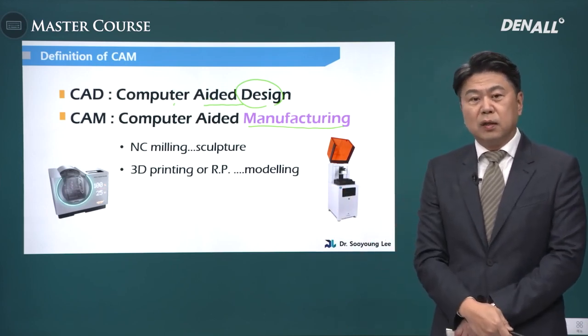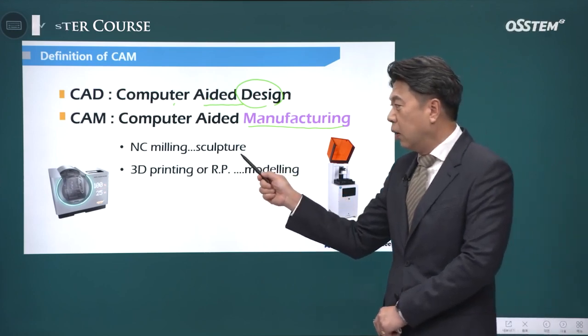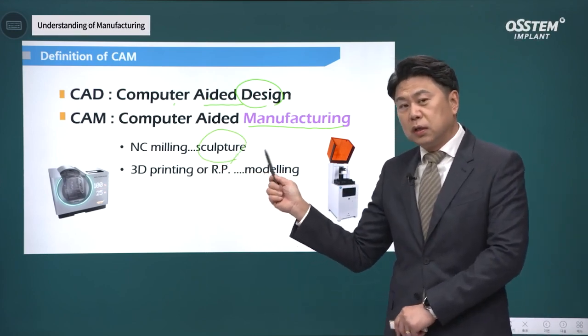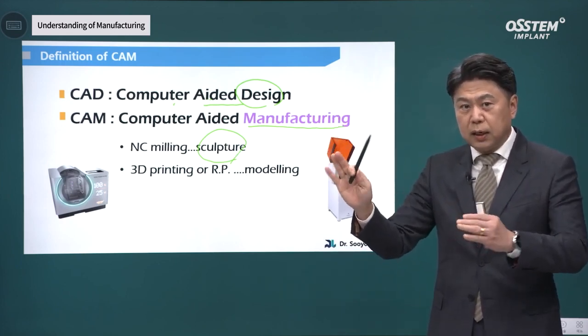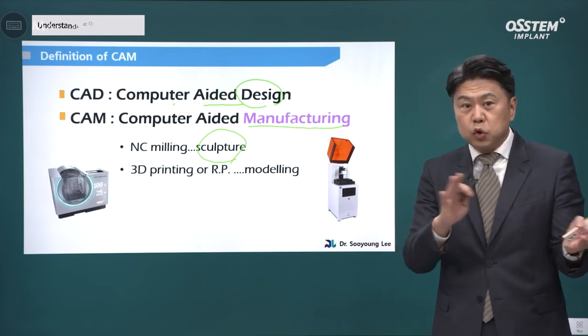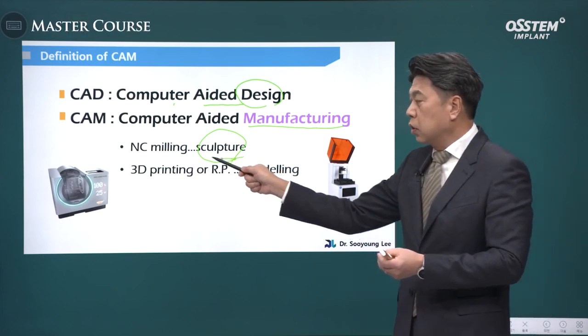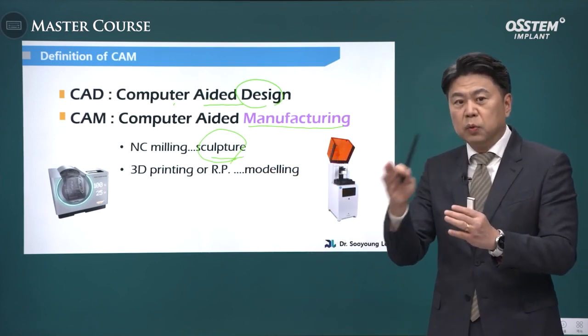The first one is sculpting, the reducing, carving, or milling. A painting is 2D, and the 3D sculpture is to be made using sculpting. The unnecessary parts are carved out of a stone, and that is called sculpture.